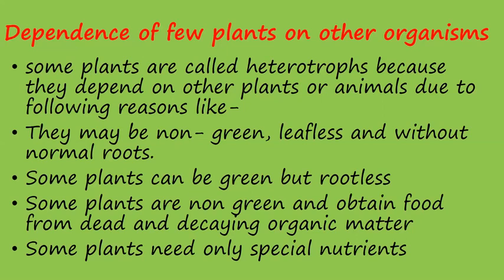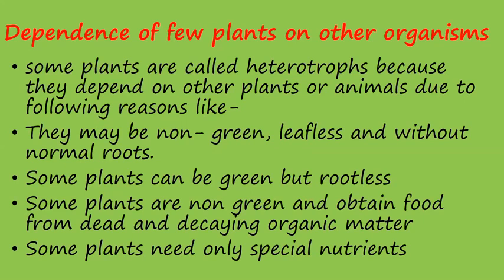Some plants can be green but rootless. They are able to synthesize their own food by using chlorophyll, but for water and minerals, they depend on other sources. Some plants obtain their food from dead and decaying organic matter.